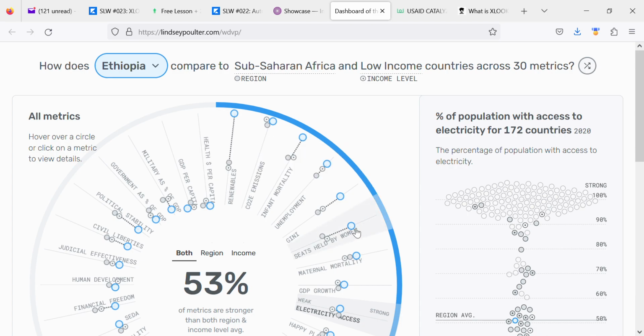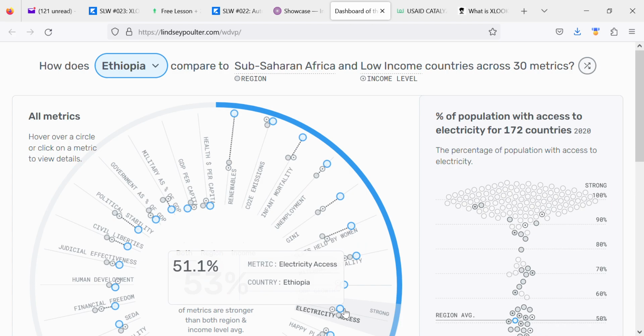Seats held by women in parliament is 43%. Maternal mortality is 401. GDP growth is 5.6. Electricity access is 51.1%.